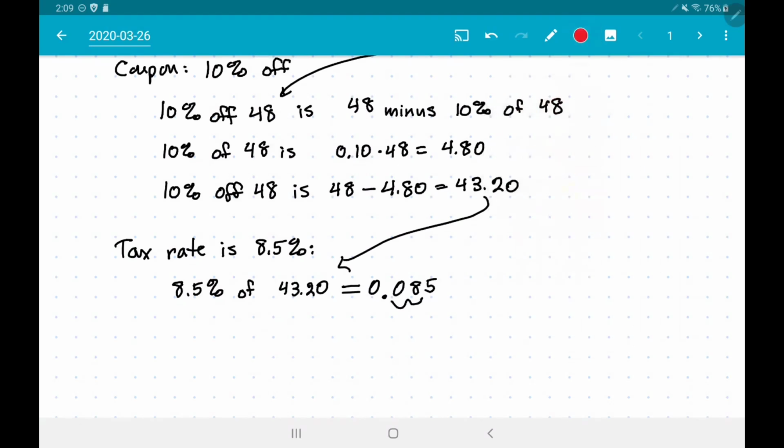So just because this is an easy mistake to make, 0.85 is 85%. 0.085 is 8.5%, and just so that you see this, 0.0085 would be 0.85%. Be sure that you're putting the decimal point in the right place, otherwise you're going to get crazy numbers.